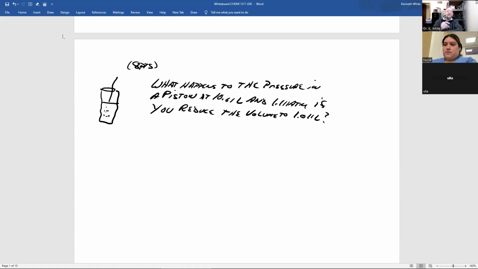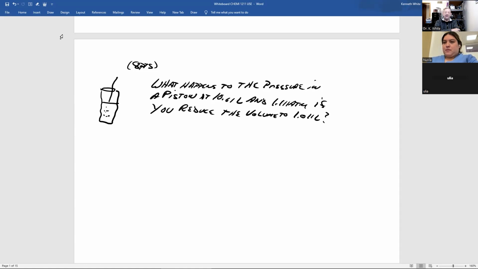All right, let's look at this. 8 points. What happens to the pressure in a piston at 10.61 liters of volume, 1.111 atmospheres, if you reduce the volume to 1.011 liters? Well, the first thing you should answer: what am I trying to find?